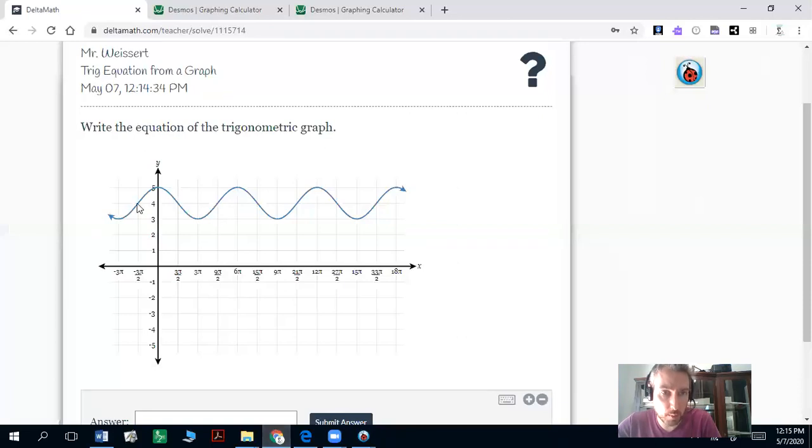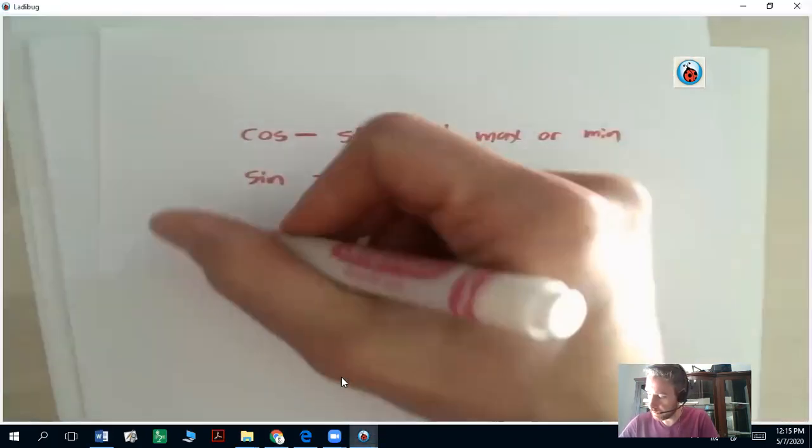This particular problem, I want to look for the midline first. So it's going to have a midline of 4. I also want to look at, does it start at the max or the midline? And it looks like it starts at the max. So it's going to be a cosine. So starts at max.